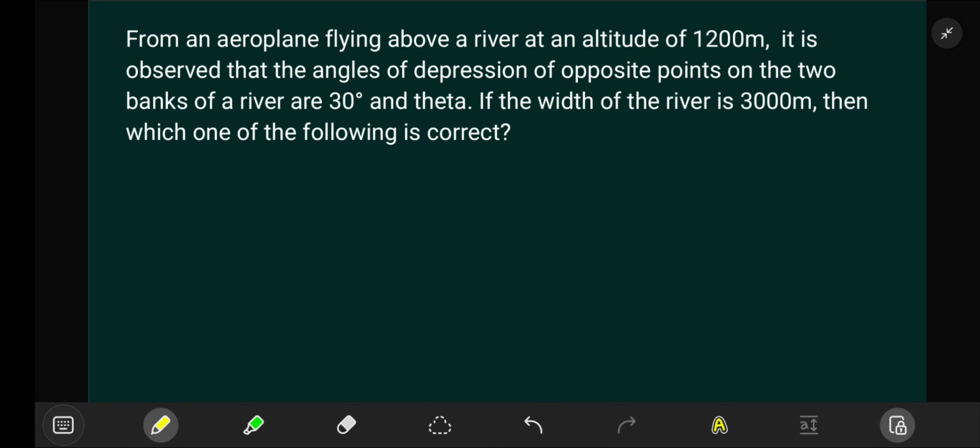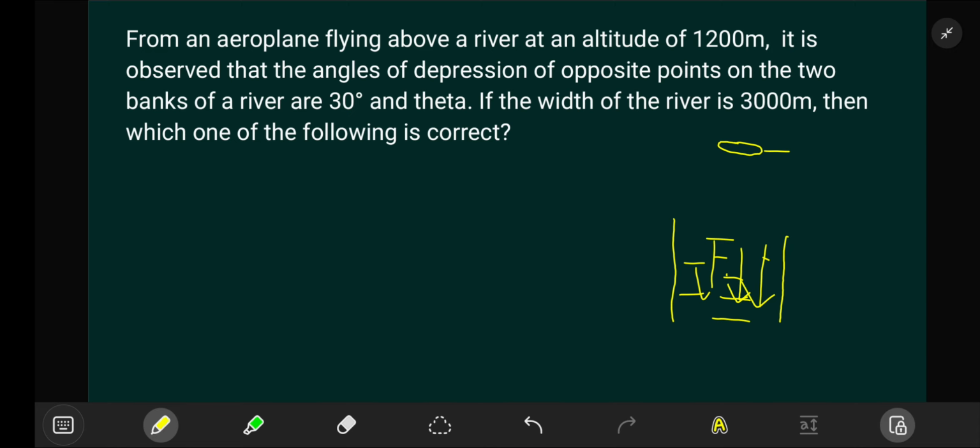Suppose the river is like this. These are both banks and river is flowing downwards this side, and an aeroplane is flying at a height of 1200 meters above the river.